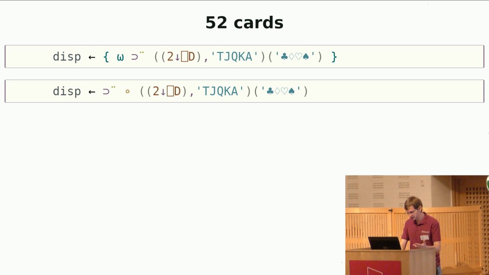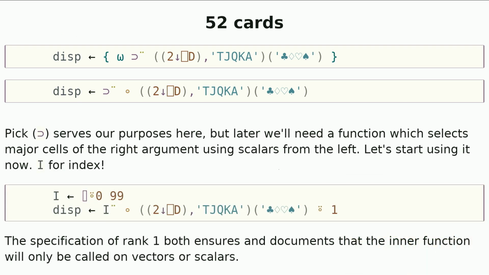I'm going to make a few improvements to this function. The first is, you don't necessarily have to understand how this works, but rather than using pick for indexing, later I'll need a more general index utility function that just picks the major cells of its right argument. So the major cells are arranged one-dimensionally, sort of. So one index lets you pick a major cell.